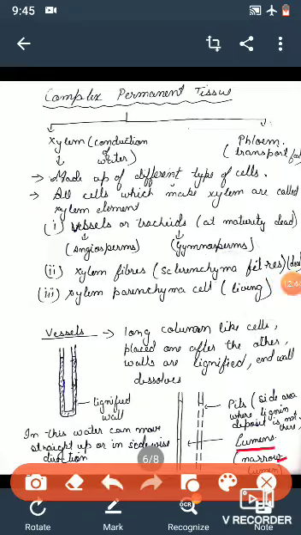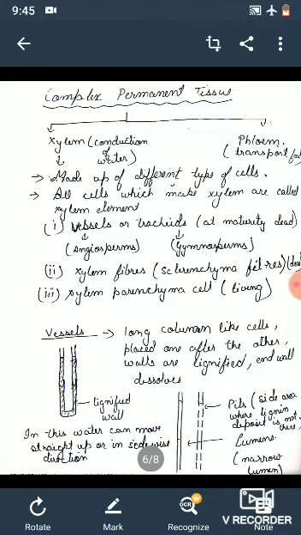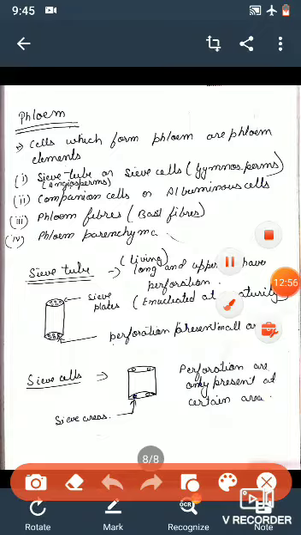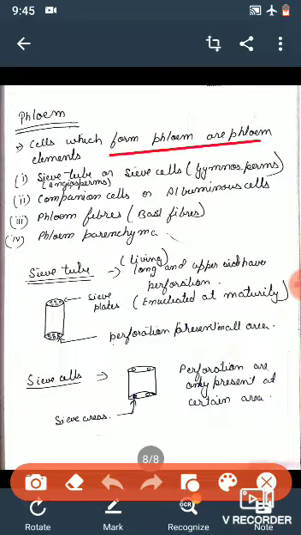So these were the first complex permanent tissue, xylem. Next we will study the second complex permanent tissue, the phloem. Phloem, as we all know, helps in the transportation of food. All the cells which form the phloem are the phloem elements: sieve tubes or sieve cells.